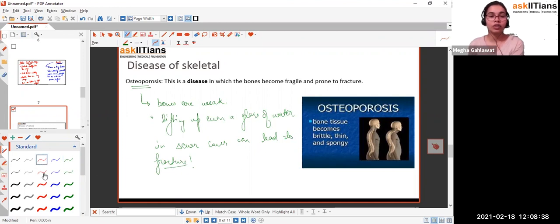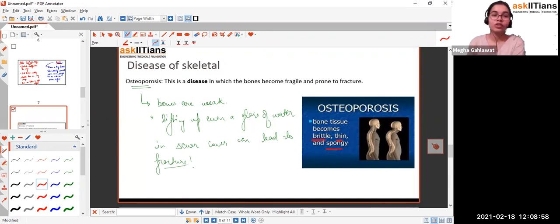As you can see right here as well, the bones become very brittle, as in they are not flexible. They become very thin and very spongy, as in, you know, kind of mushy. So to avoid osteoporosis, you have got to walk daily at least for half an hour, and you've got to drink a lot of milk.